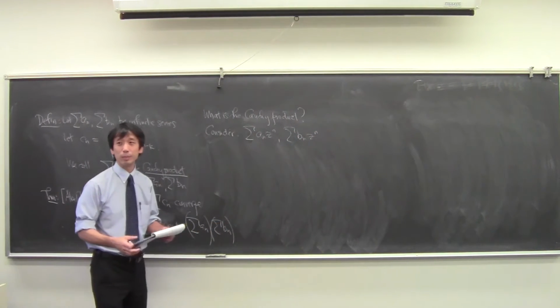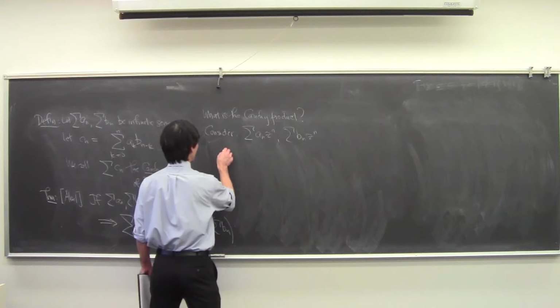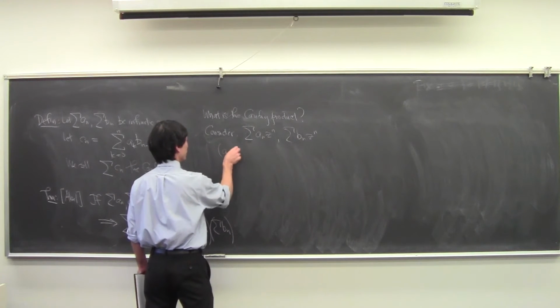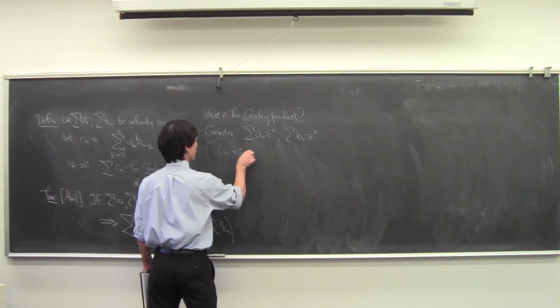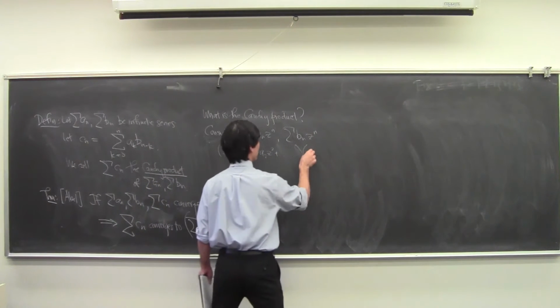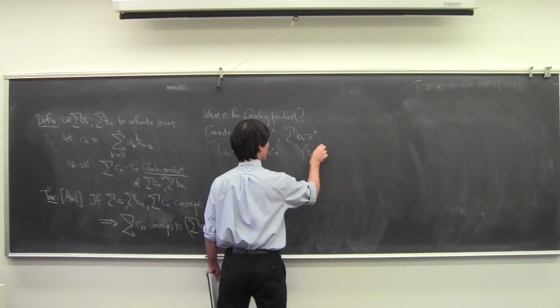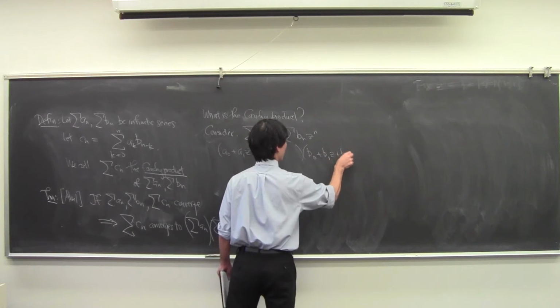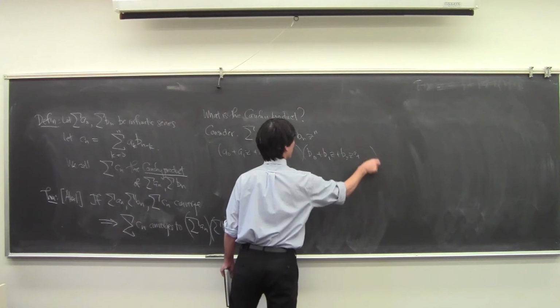Suppose you have these two power series, and you just wrote them out: a naught plus a1 z plus a2 z squared plus dot dot dot, and b naught plus b1 z plus b2 z squared plus.